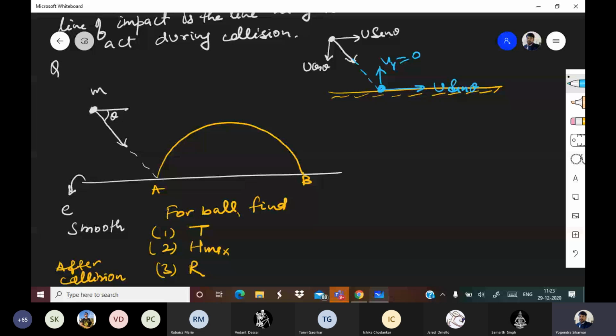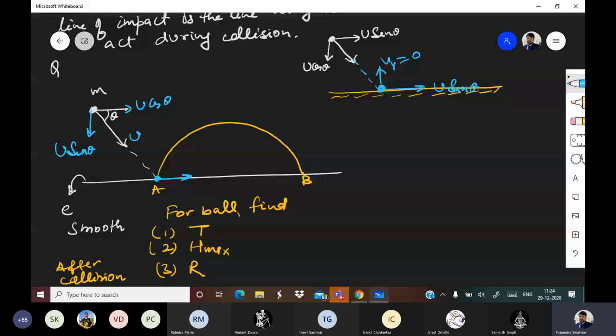Asmita is saying T is 2u sine theta by g, H max is u square cos square theta upon 2g, R is equal to e u square sine 2 theta by g. Okay, everyone, please pay attention. This time this velocity is u, so this will be u sine theta and this will be u cos theta. After collision, listen carefully.